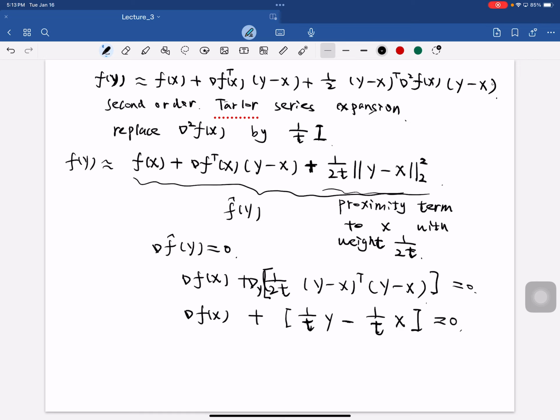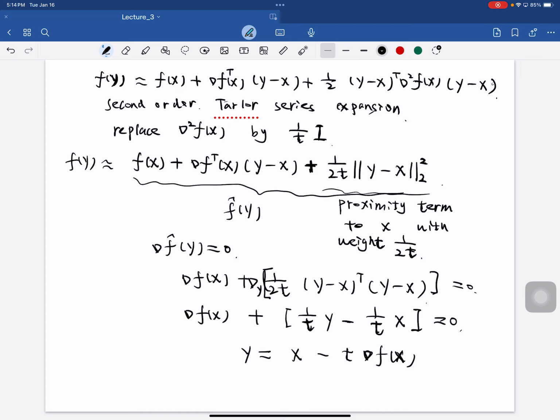Okay, and then you can rearrange this term and check y would be nothing but x minus t times the gradient of f at x. So exactly using this, you minimize this approximation with proximity term, we exactly reproduce gradient descent. Okay, and that's just a way of interpreting that.